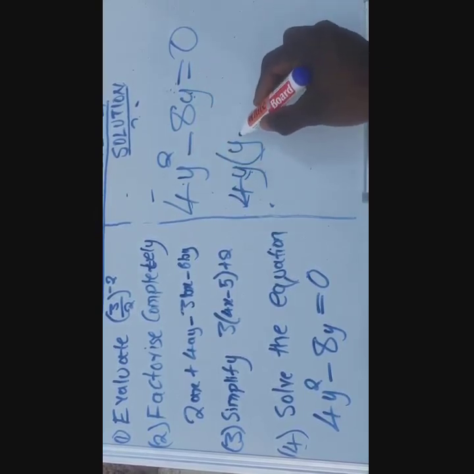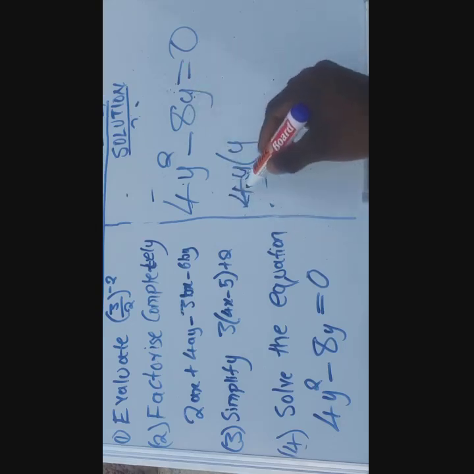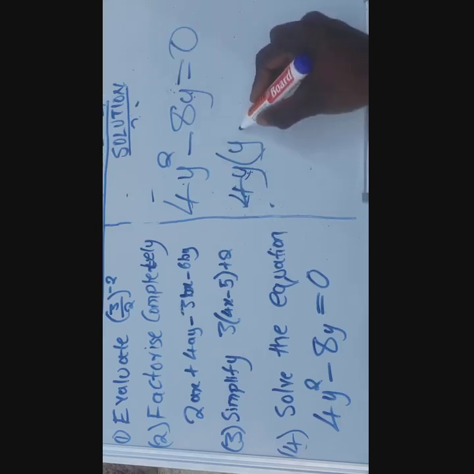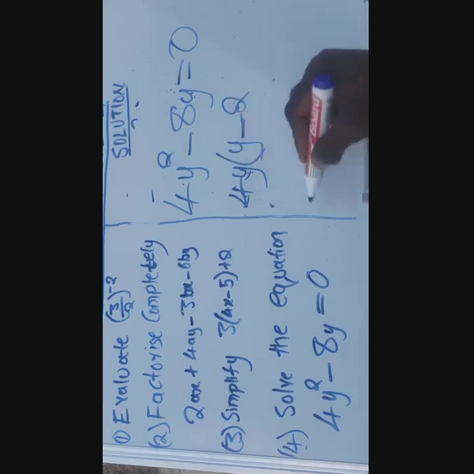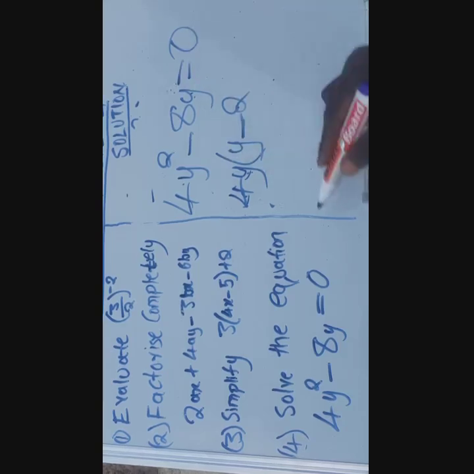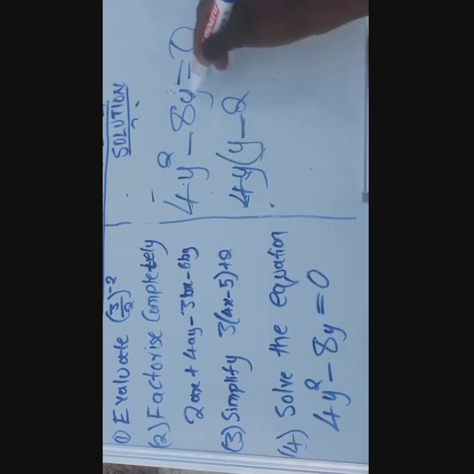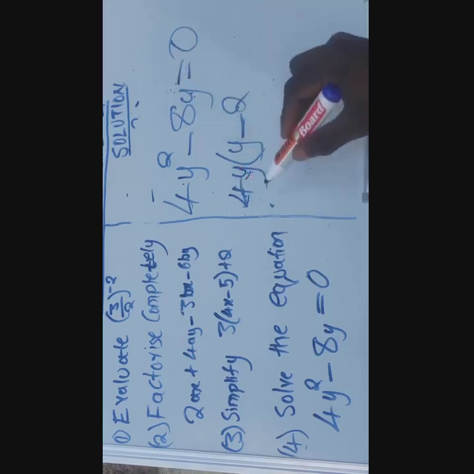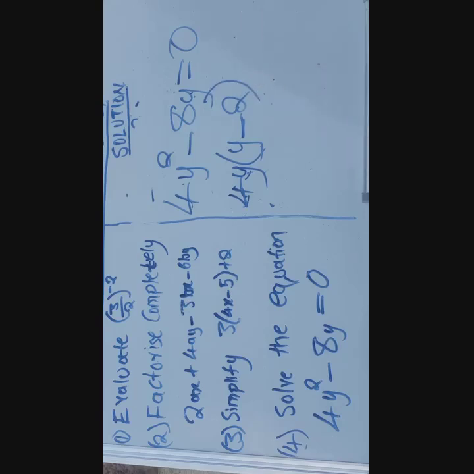Then we are going to say 4y into 8y. So 4 into 8, it is 2. Then this y is going to cancel with this y, meaning here we are just going to have only 2. And since here there is a negative, we are going to have negative 2, and we are going to close the brackets.